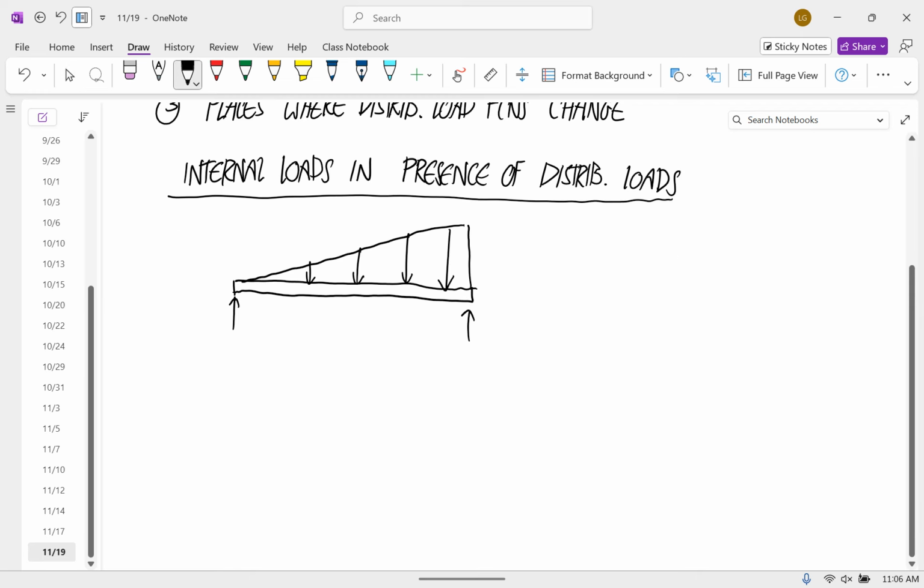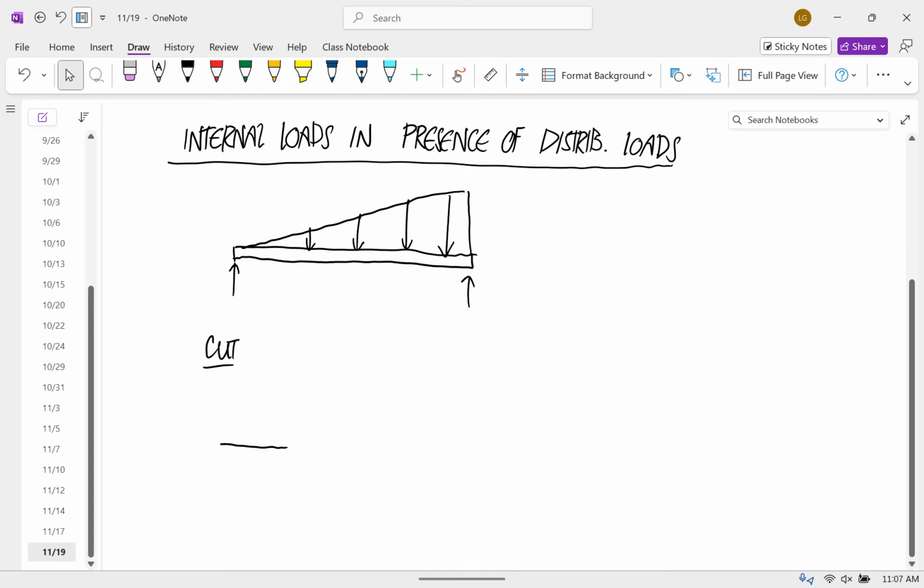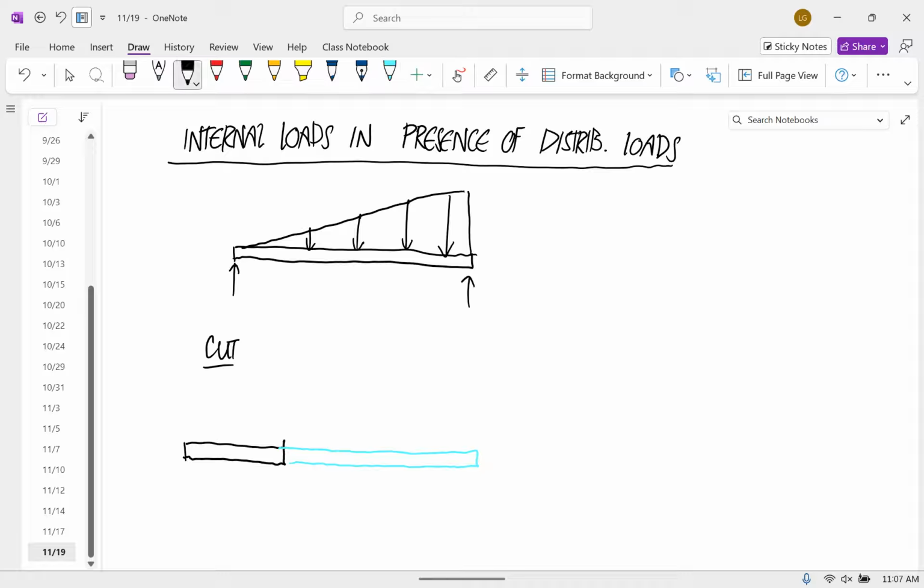We're going to make a cut and look at part of this body like this. And we're going to leave out part of the body. And the piece that we're isolating has that part of the distributed load, but not this part.